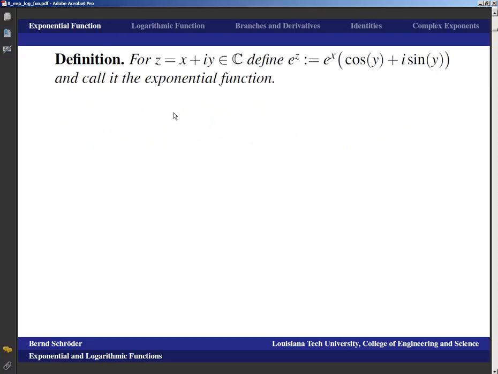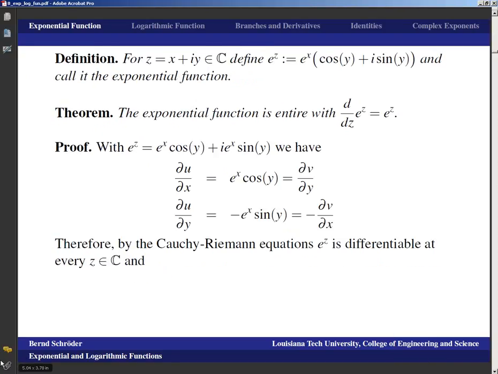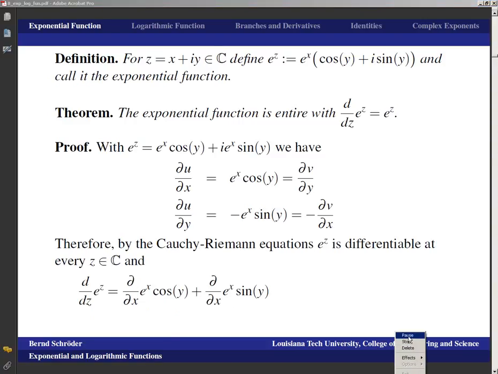Okay, so for a complex number, at every z and c. That should be e to the z here. Okay, now it is e to the z. So it's differentiable by the Cauchy-Riemann equations, and we also have that the derivative with respect to z of e to the z is the derivative of the real part with respect to x plus i times the derivative of the imaginary part with respect to x.